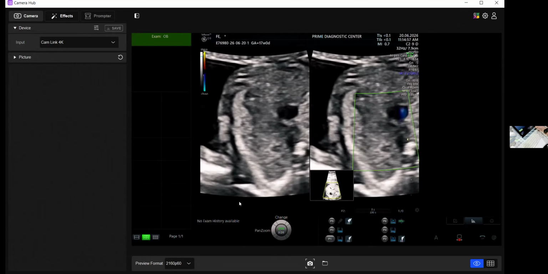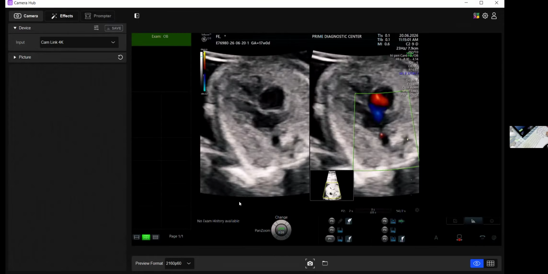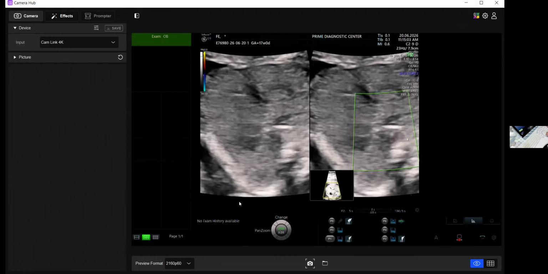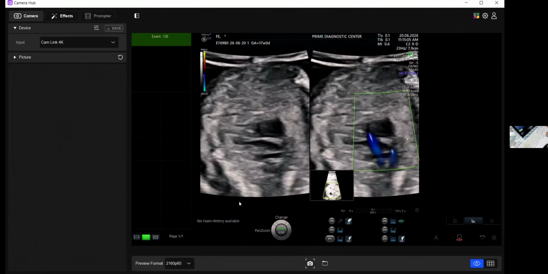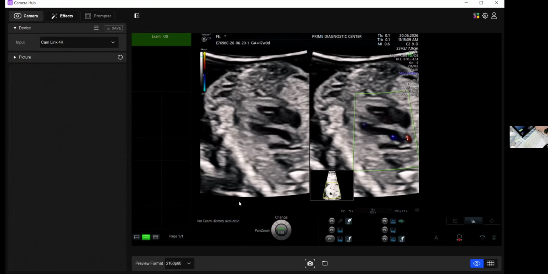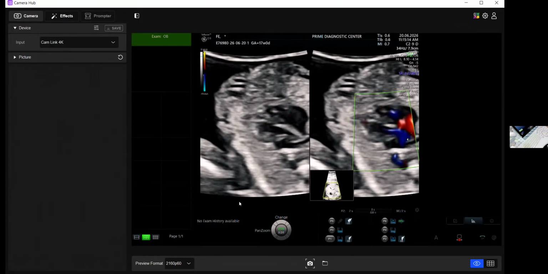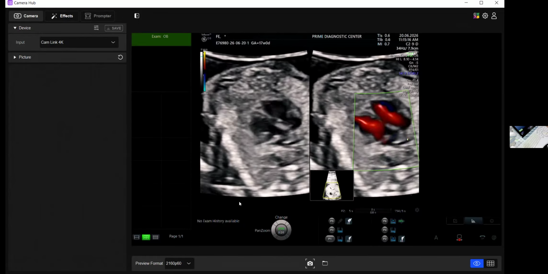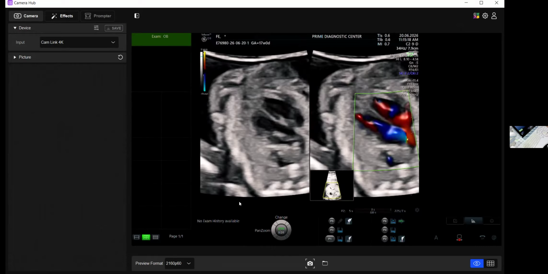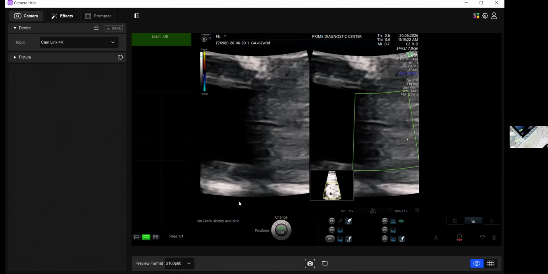So again, go to the high Nyquist limit, and here I rotate the probe by about 45 degrees and get a good LVOT view. You see this is a good LVOT view, right? So then I move the probe more caudally, because here cranial for the fetus, and caudal when I'm examining.